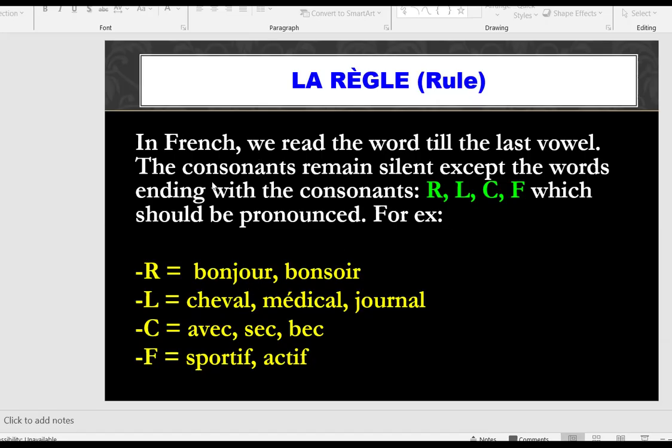As I said, the consonants remain silent, but these four consonants R, L, C, F are pronounced.